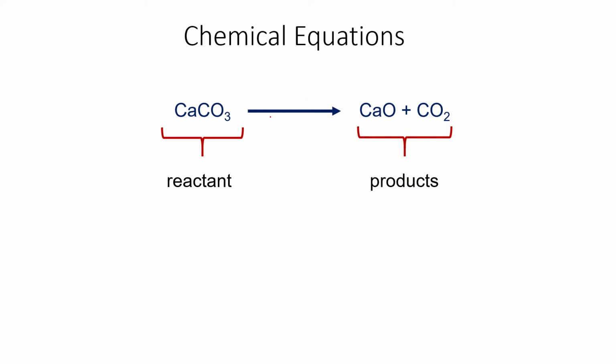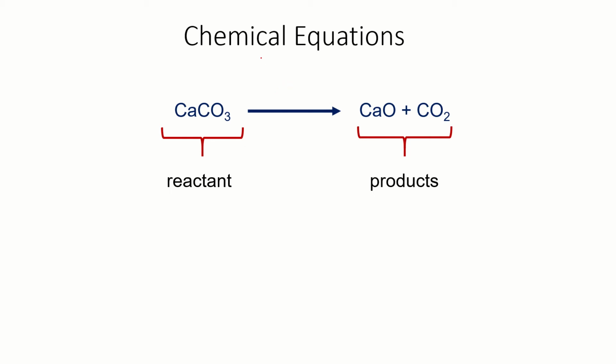And then we use an arrow to show the direction of how reactant goes into product. Is this reaction occurring from left to right or right to left? The direction is shown by the arrow. Usually we draw the arrow from left to right, from reactant to product.